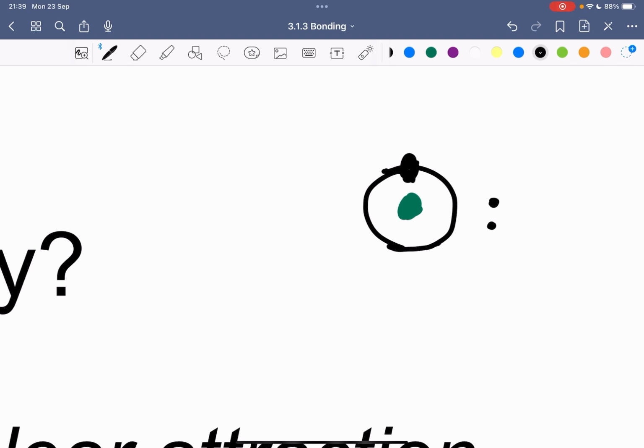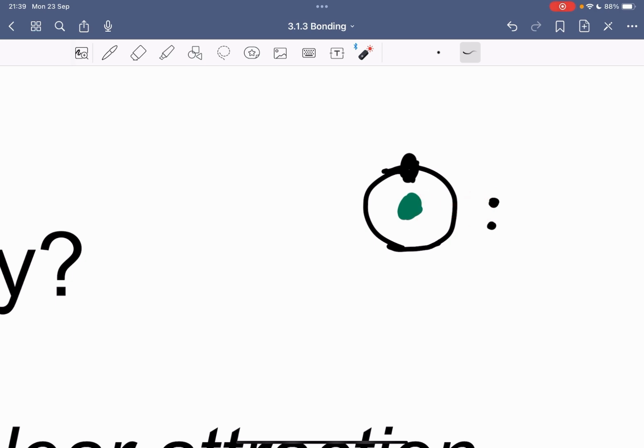If I want to attract the covalent bond, the way to make the covalent bond closer is by having a smaller distance for it to travel from here to here, right? Because it's the positive charge of the nucleus that attracts this bond. So if I want to attract the bond, I have to make the distance smaller.